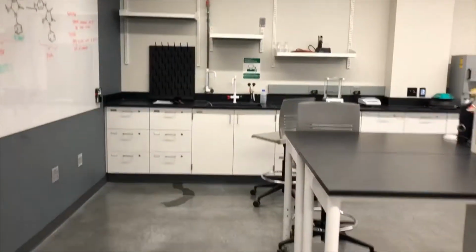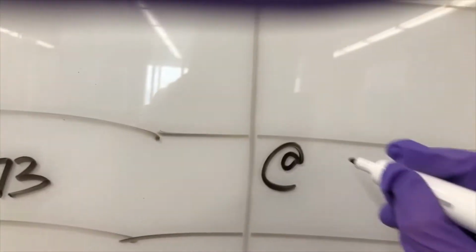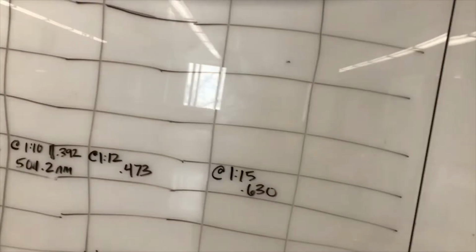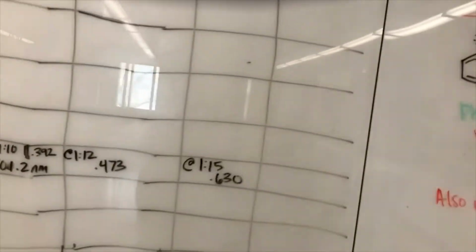So I will record that if I can find where I put the marker. There it is. So at 1:15, it was 0.63. So I'm going to record that again in 5 minutes.